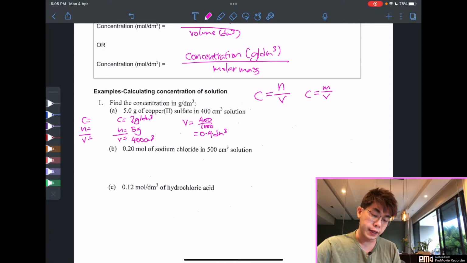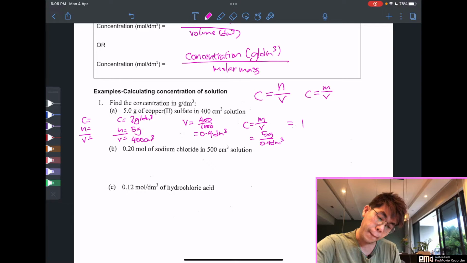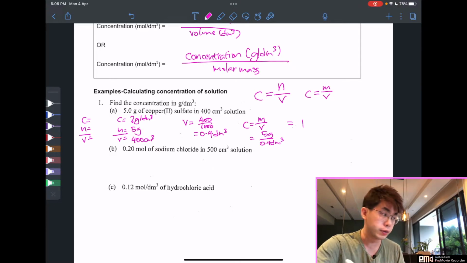After that, I remember that the formula is C equals M divided by V. So that would be 5 grams divided by 0.4 dm cube. Okay, I need a calculator for this.